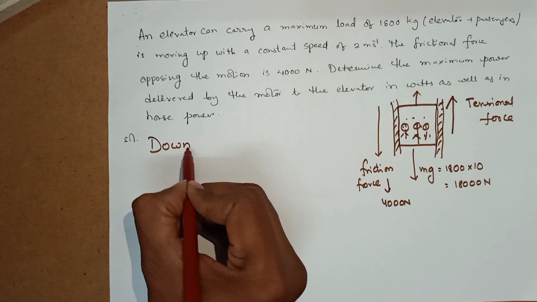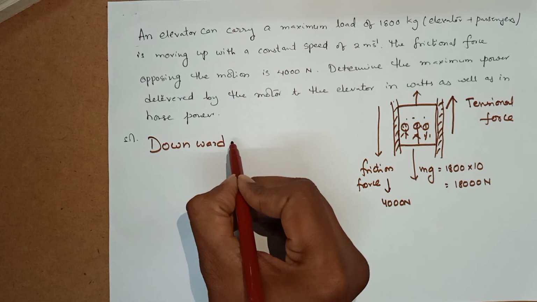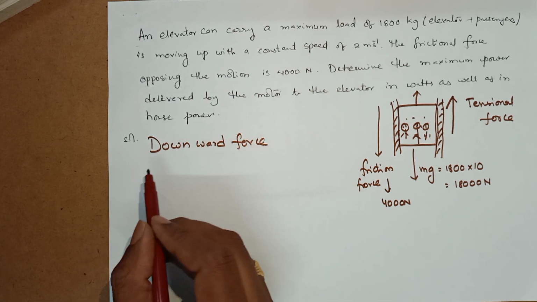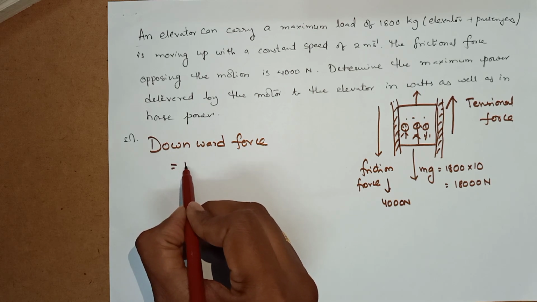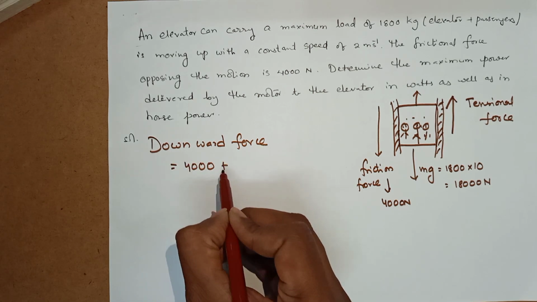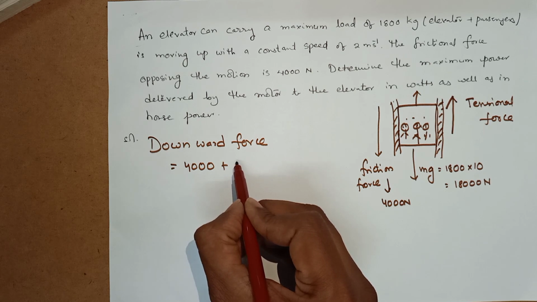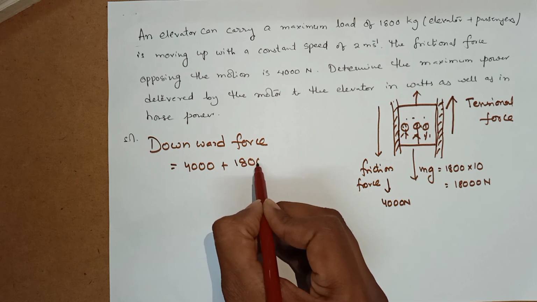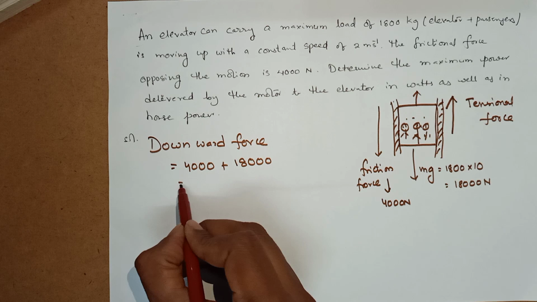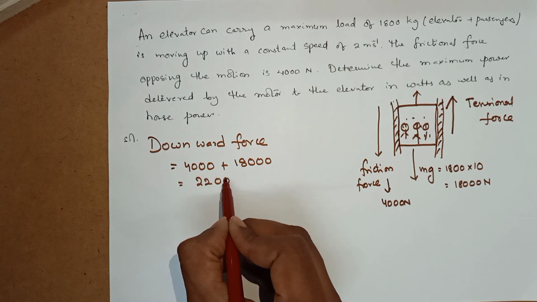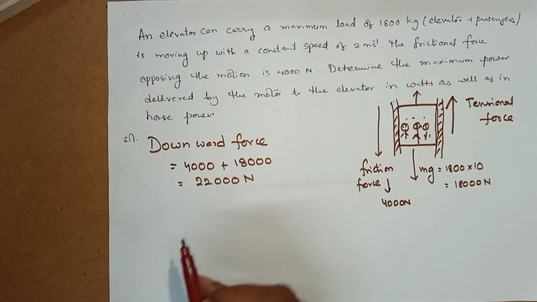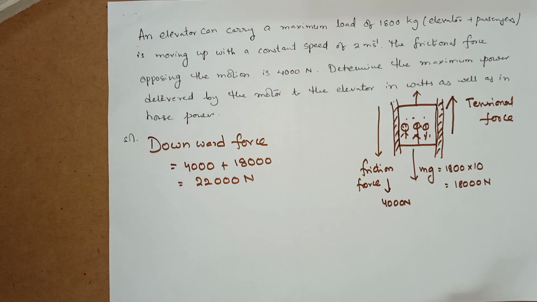Downward force, one is frictional force 4,000 plus weight 18,000 newtons. 22,000 newtons has to be lifted up.